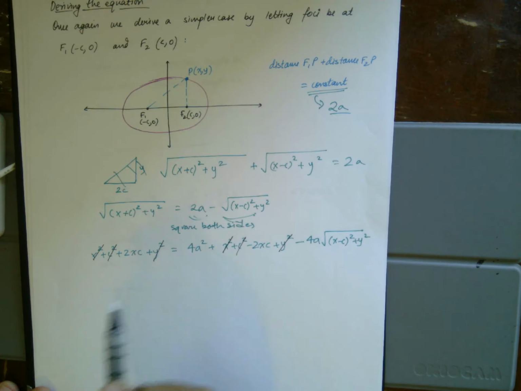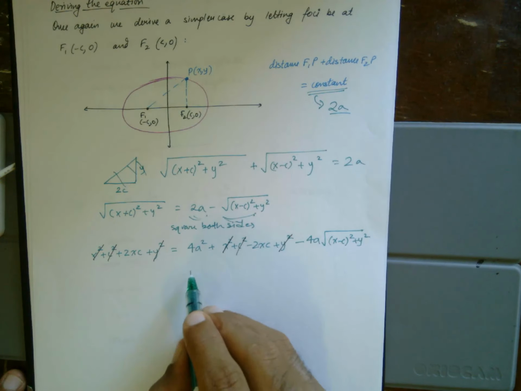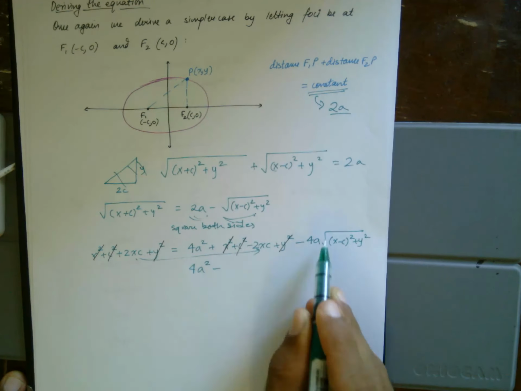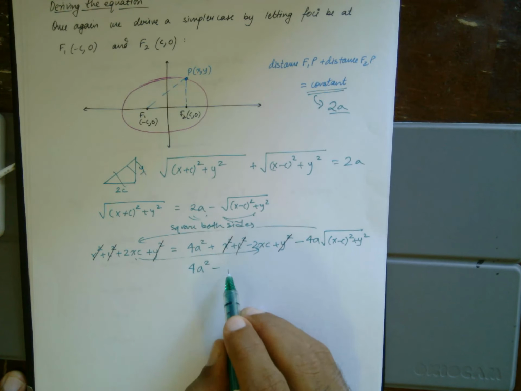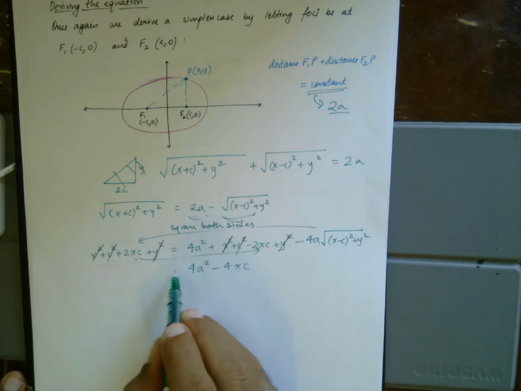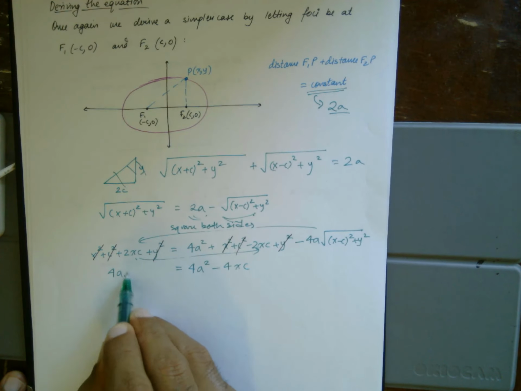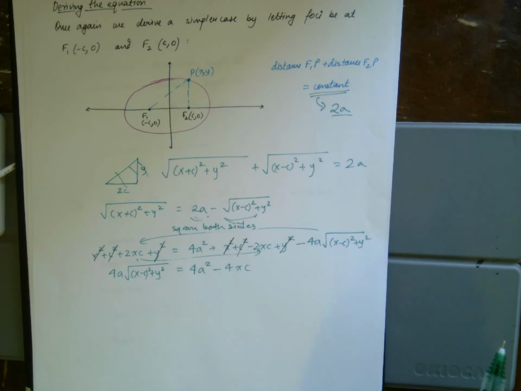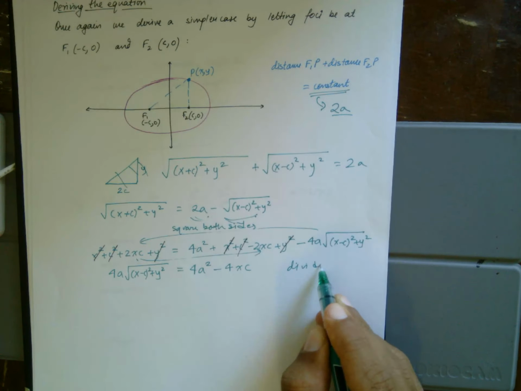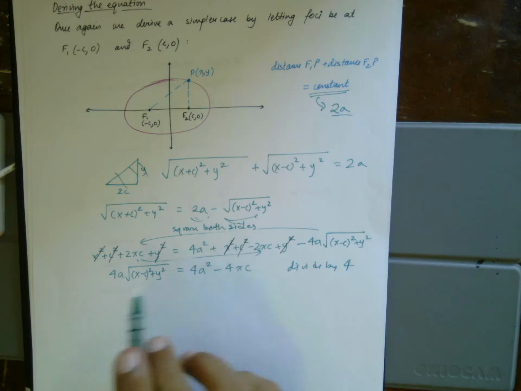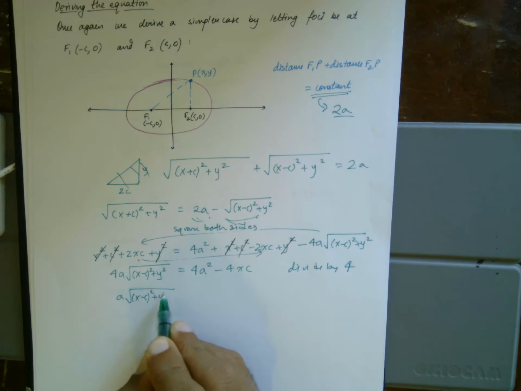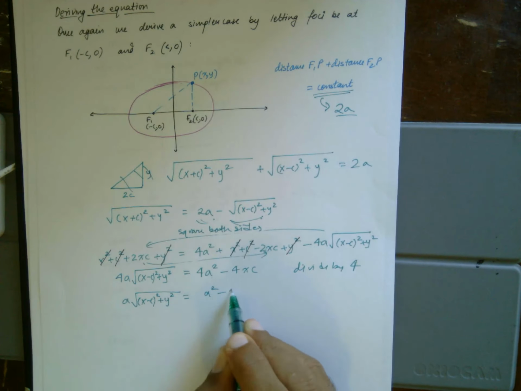If I take this to the other side, I get 4a squared minus 4xc equals 4a times the square root of this term here. Now we can divide by 4, because there's a 4 on both. So I get the square root of x minus c squared plus y squared equals a squared minus xc.